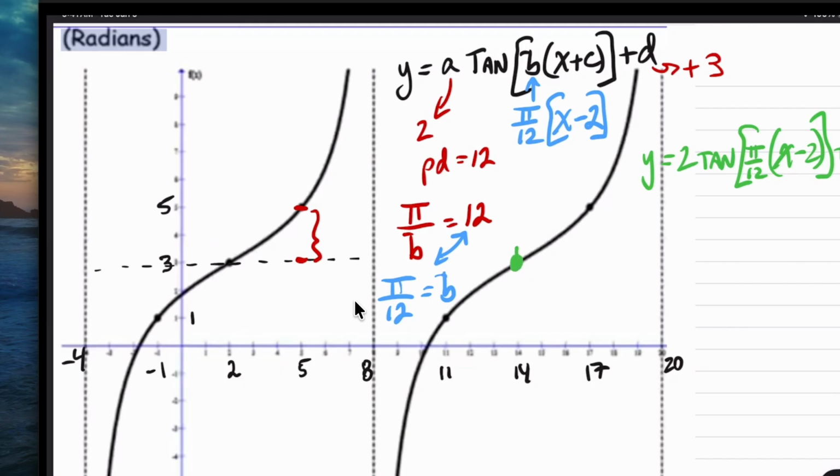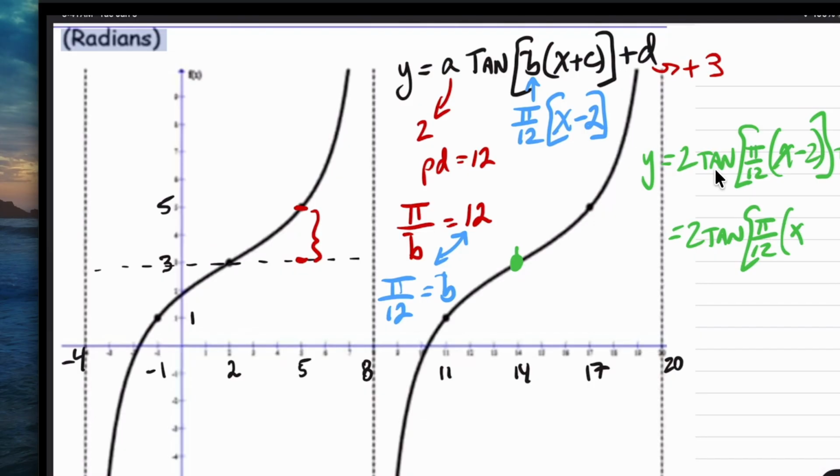Everything could stay the same, except we can call this a phase shift of 14 to the right, and we can replace that 2 with a 14. But everything else would stay the same, including the position of the pi over 12 as the GCF.